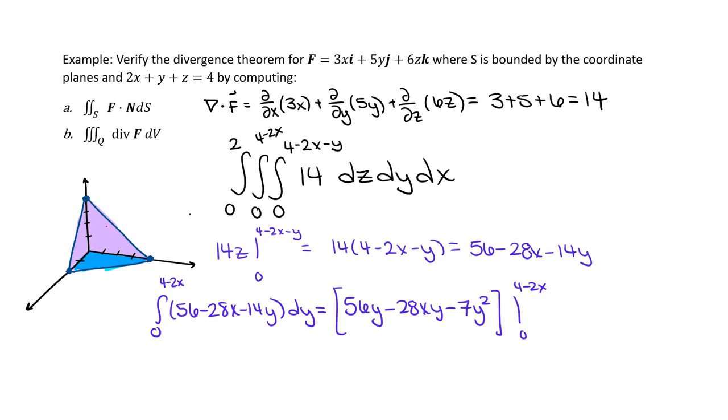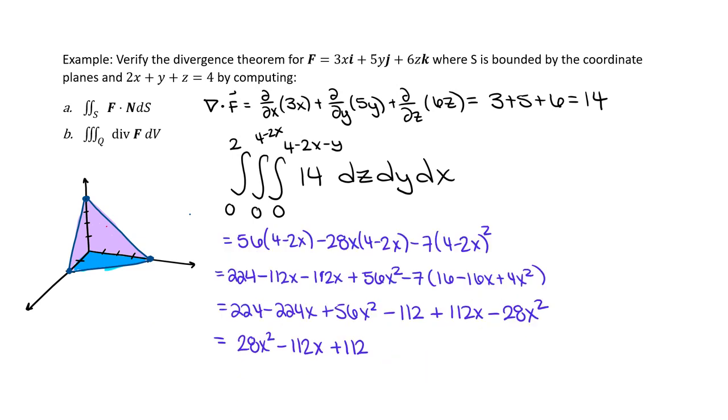All right, second integral. Now I'm going to integrate that answer with respect to y, and then I'll plug in my y bounds of integration. So the antiderivative would be 56y minus 28xy minus 7y squared.